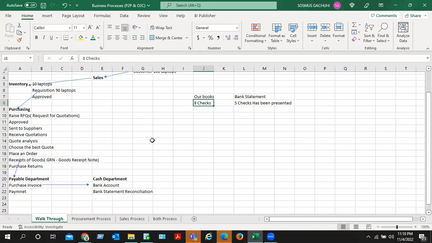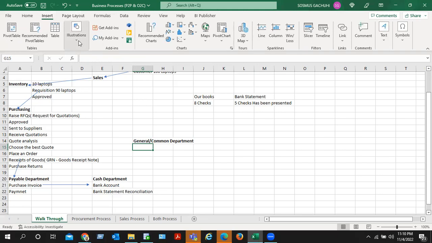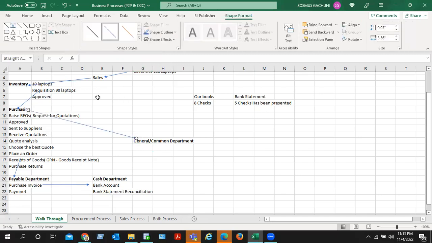After that, all this information has to be communicated, or has to flow, to a department we usually call the general or common department. So this is the information flow which will flow from purchasing.